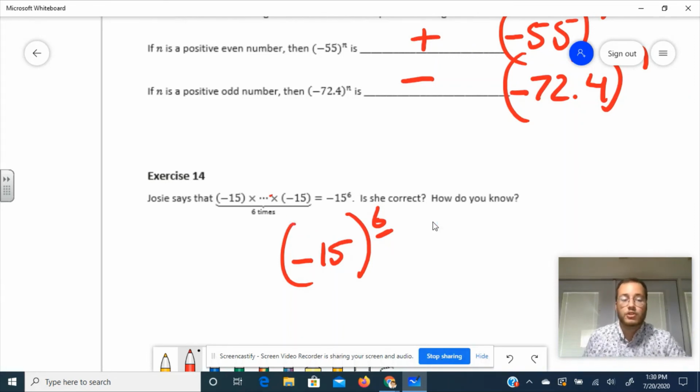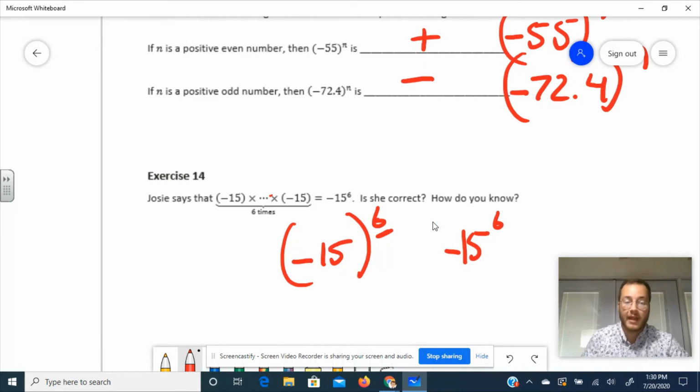You need to make sure that you know that this, and I should have explained that earlier, sorry, are not the same thing. And the reason is because this is how this reads. This one right here says negative 15 taken to the 6th power.